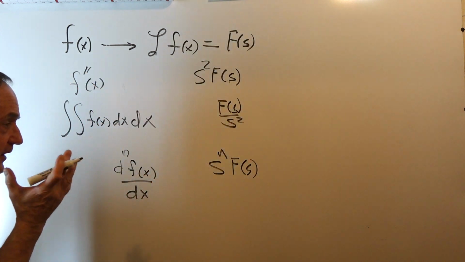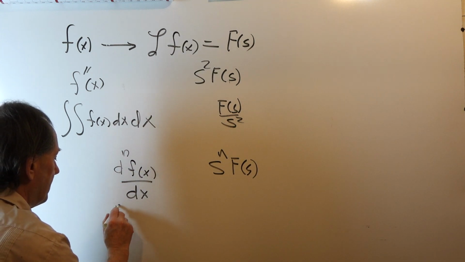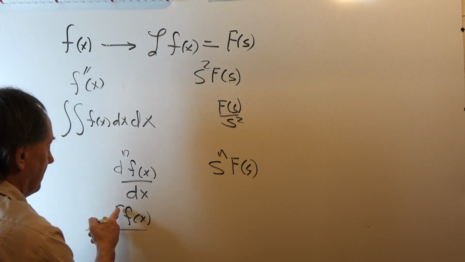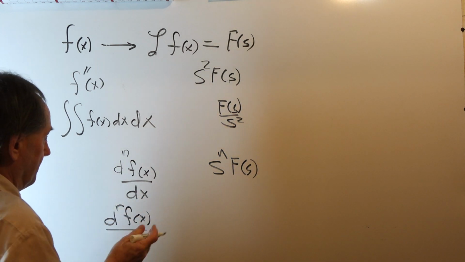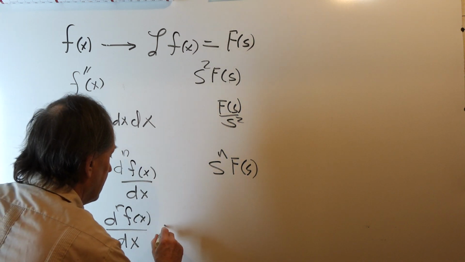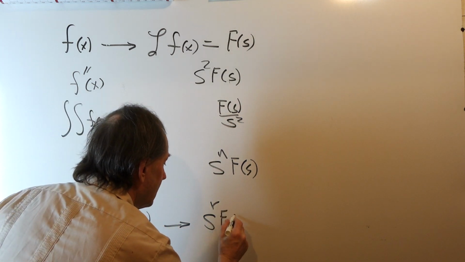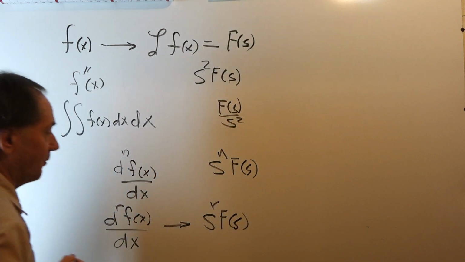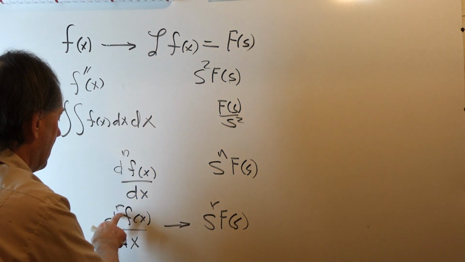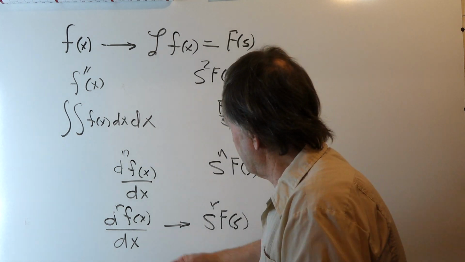So the natural thing to try is then saying, okay, how about if we have a fractional derivative of order r on f of x, where r might be an irrational number rather than an integer, then this would just be multiplication in the s domain by s to the power r, where r is the same power as the fractional order of the derivative.